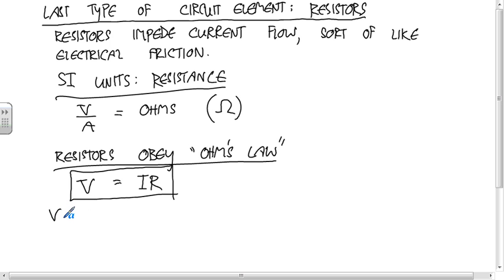So V is the voltage across the resistor.